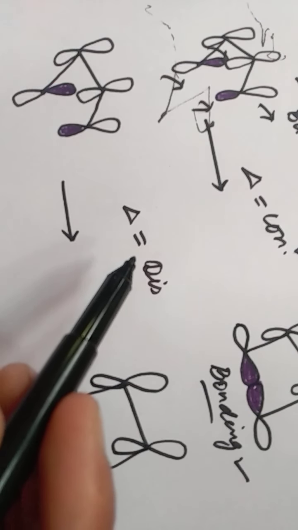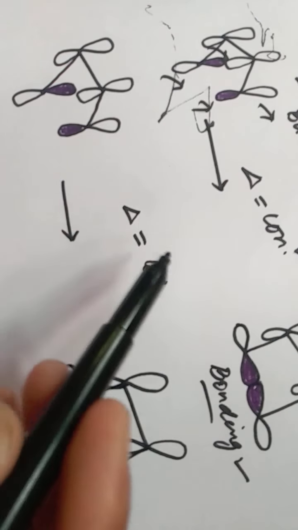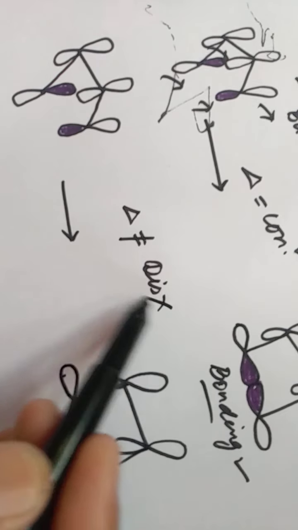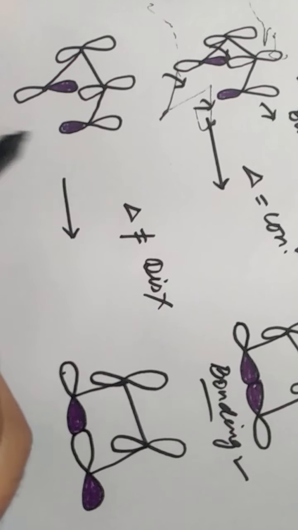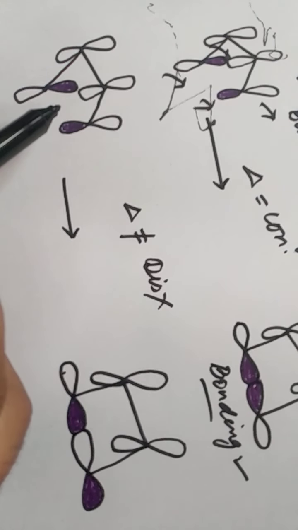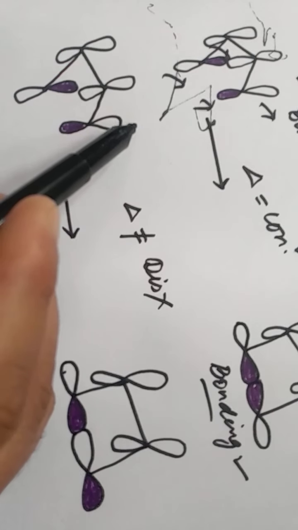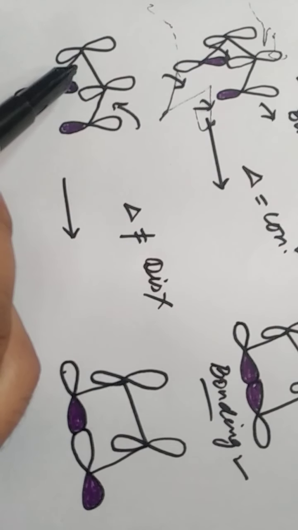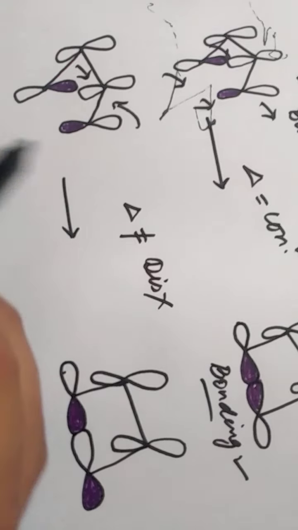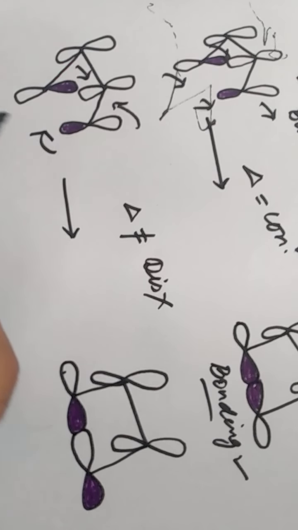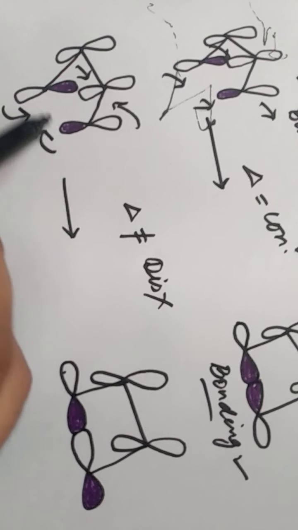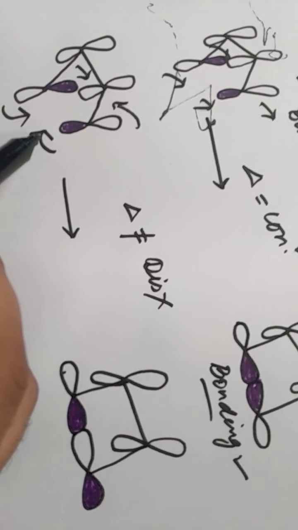Now the second point is why thermal disrotatory is not there. Let us see. In this case, if these two bonds rotate, this is disrotatory motion.